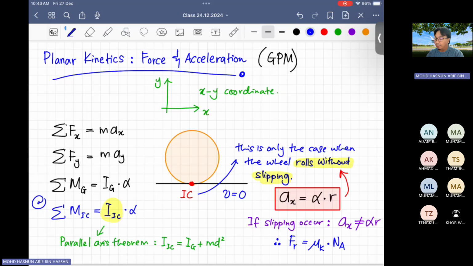So this is basically what you need to know for the general plane motion in this subtopic.